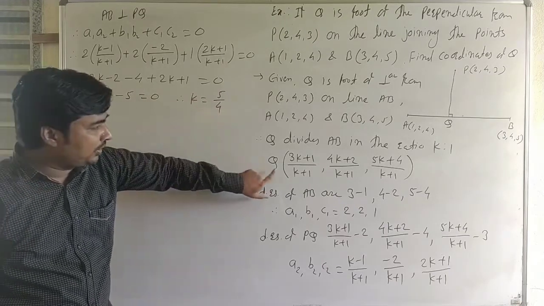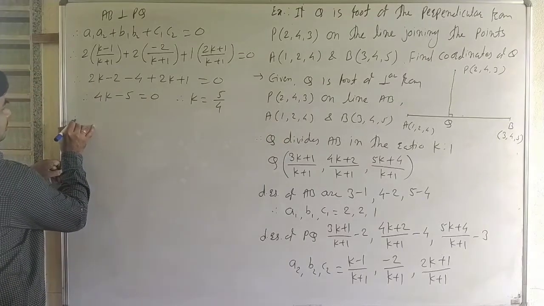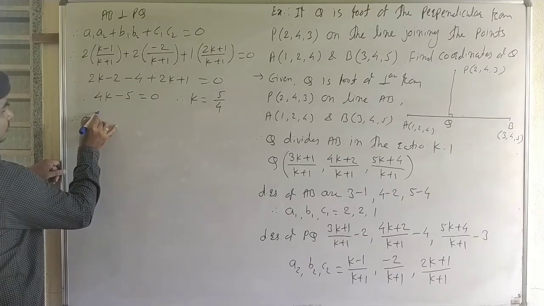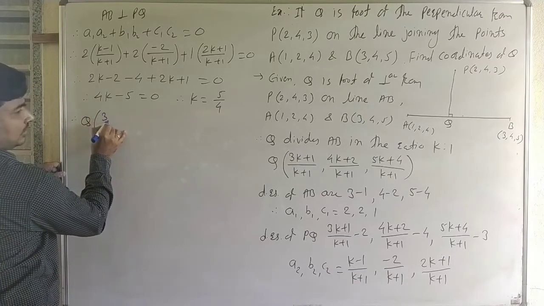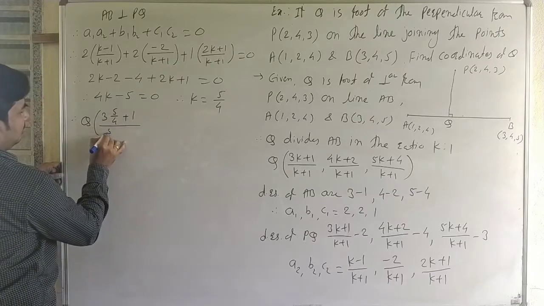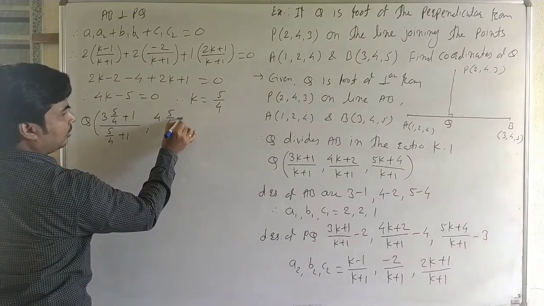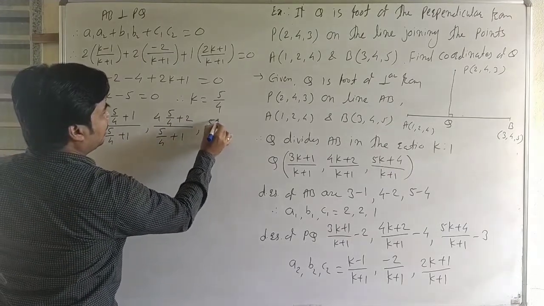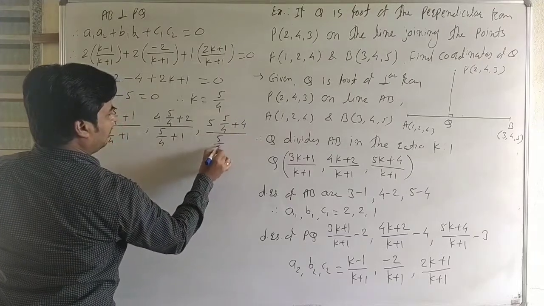Then put the value of k in Q, and we get the coordinates of the point Q. The coordinates of Q are 3k plus 1 upon k plus 1, 4k plus 2 upon k plus 1, and lastly 5k plus 4 upon k plus 1.